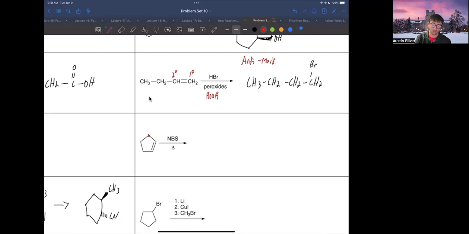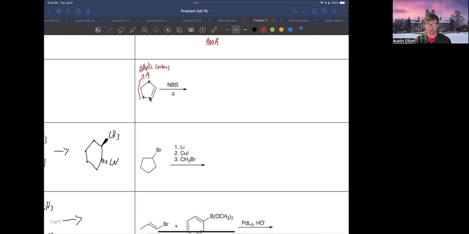So in this case, our allylic carbon, the bromine will add to one of those. Since it's a ring, it'll add to either one. The product will be the same because you can just rotate the ring around in a circle and it looks the same.